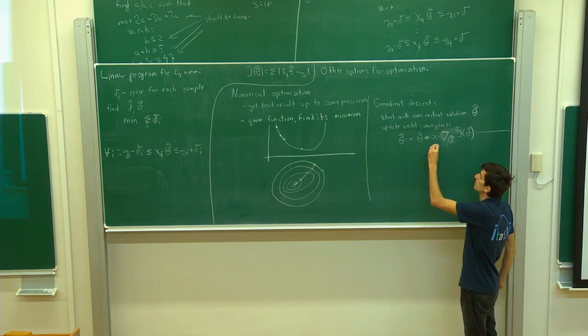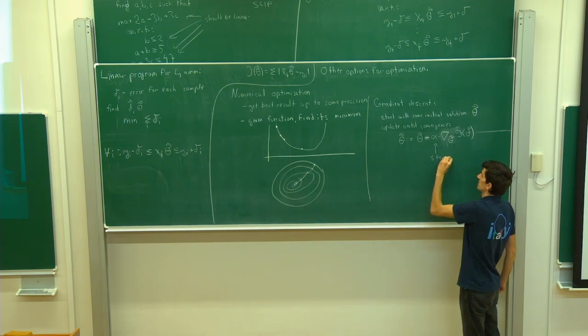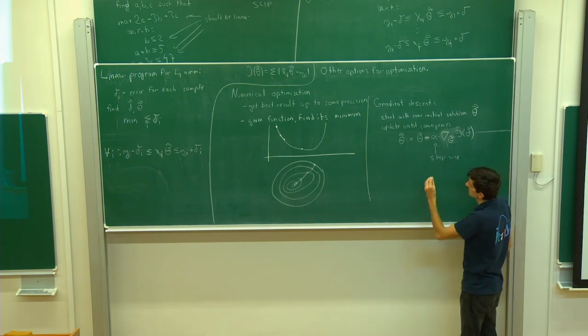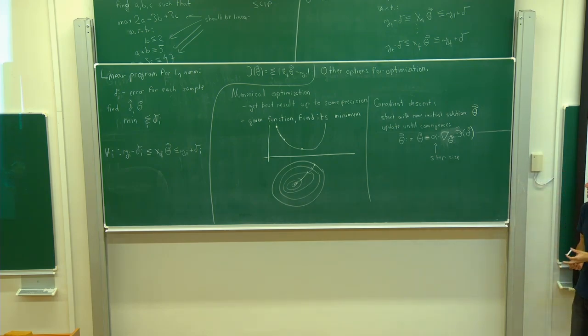The only problem with the gradient descent algorithm is this. This is called the step size. It should be set up either manually or with some heuristic which should slowly slow down. There are many ways to set a step size actually, so that's why I refer to other courses.